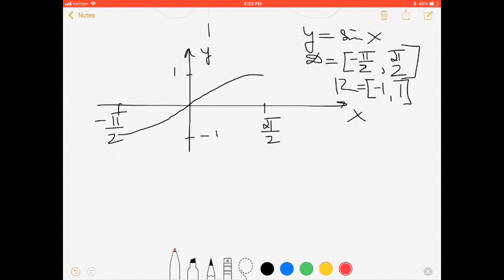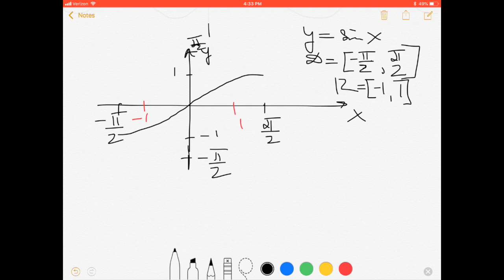Now I try to build my inverse function. What do I have? Between -1 and 1, and the values will be between negative pi over 2 and pi over 2.